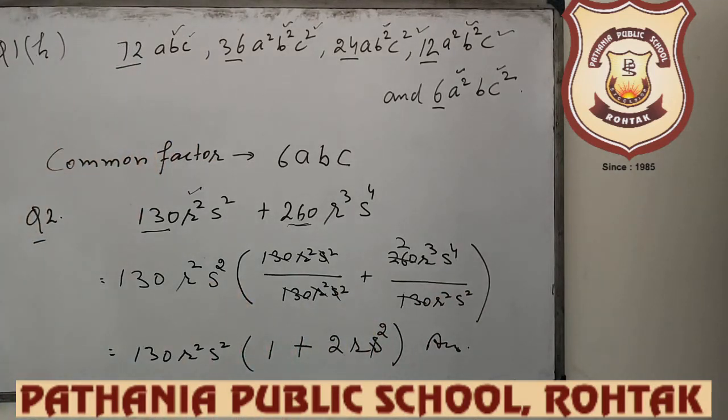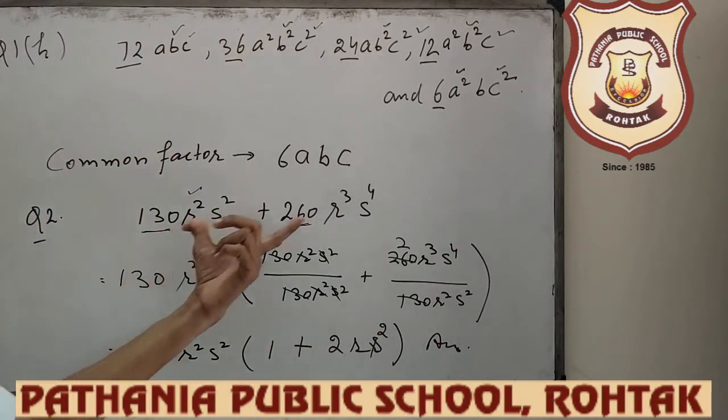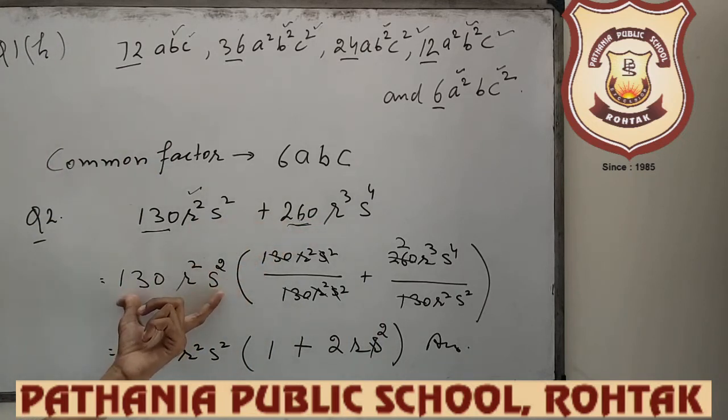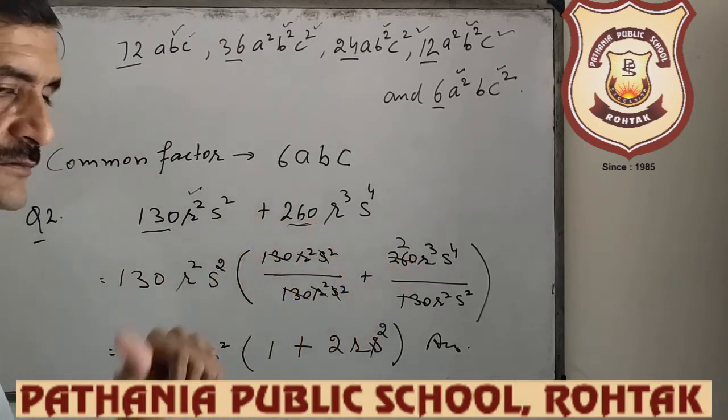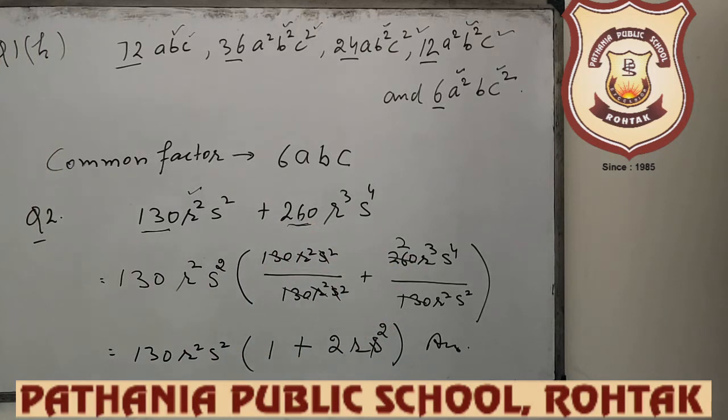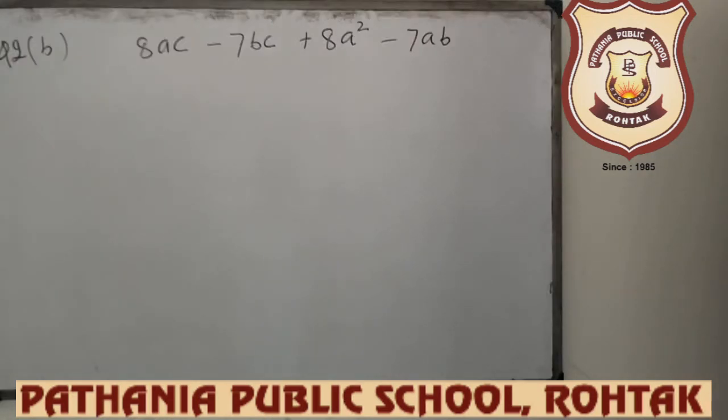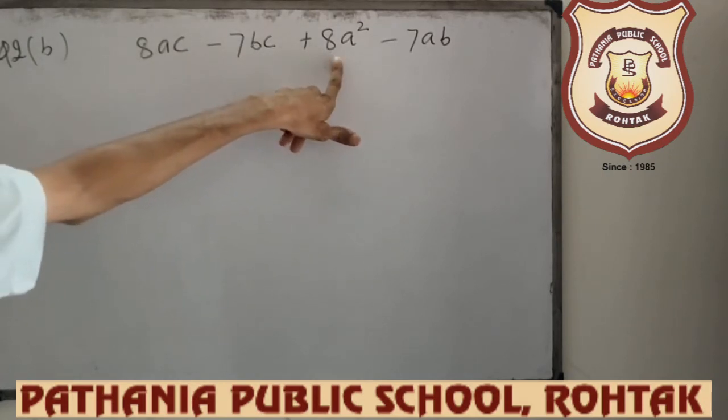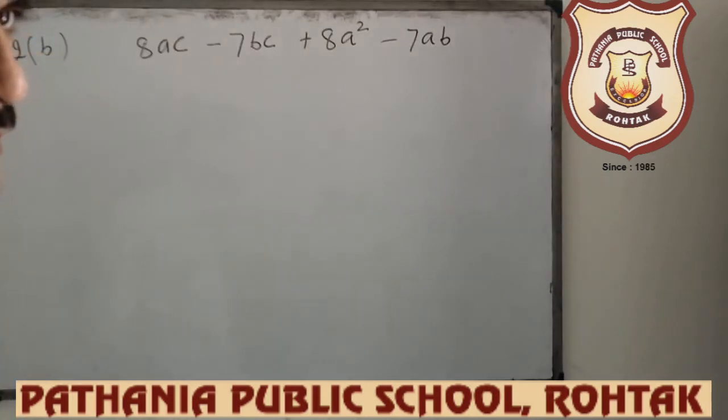Listen again. First we find the common factor, then divide both the terms by that common factor. In this way you should write. Now next question beta. In this question these terms are given: 8ac minus 7bc plus 8a square minus 7ab.